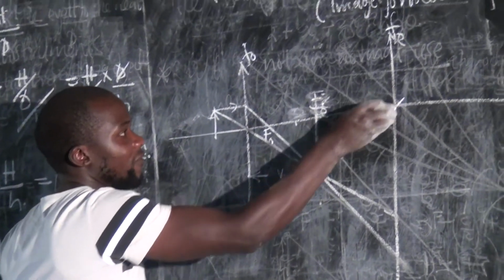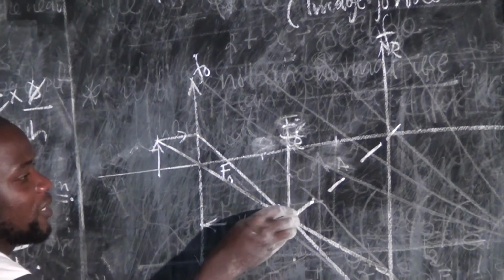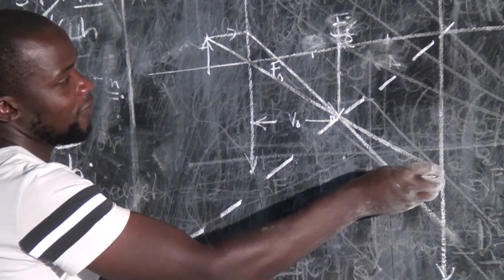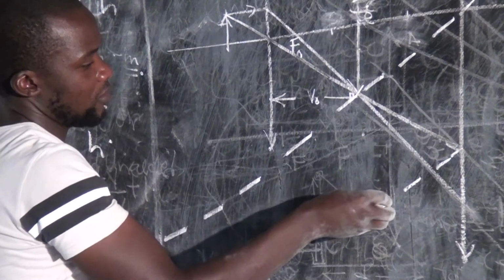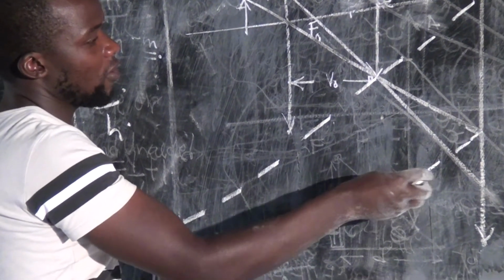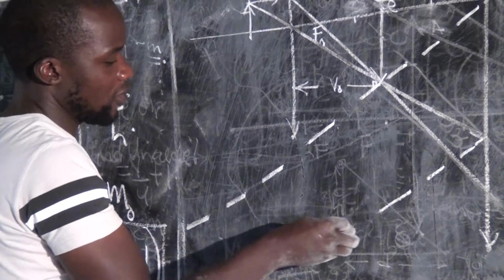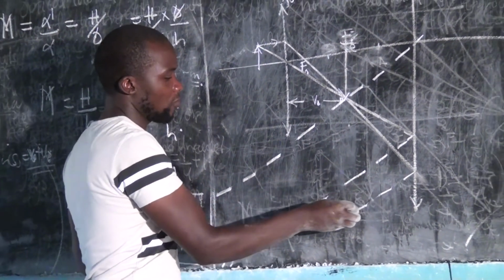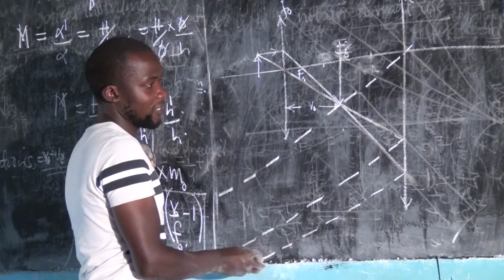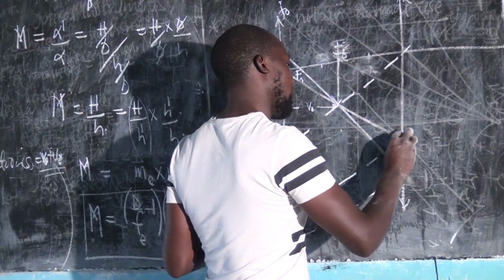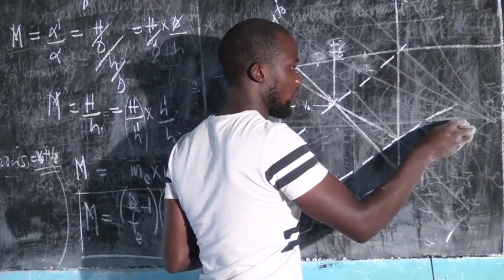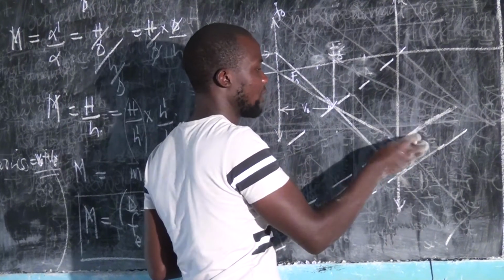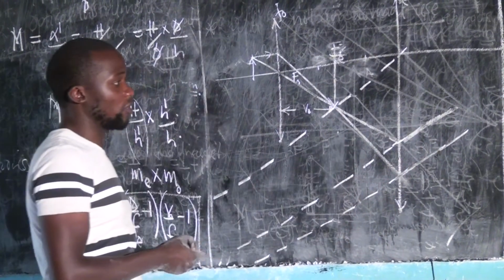So we simply have a line here like that. Because we want to form the image at infinity, these rays will be parallel to that line. The others are converging, so they will be parallel lines like that. These are continuous, the other ones are dotted, because we are forming virtual images.